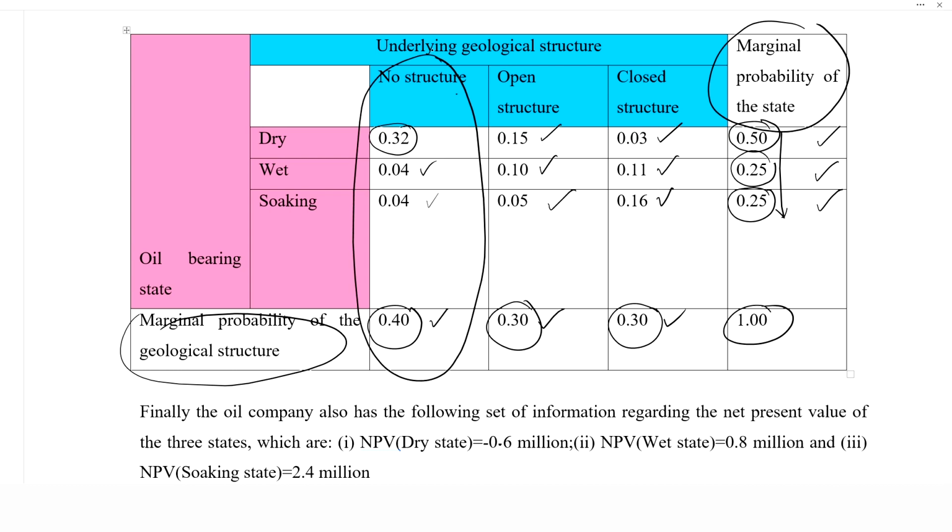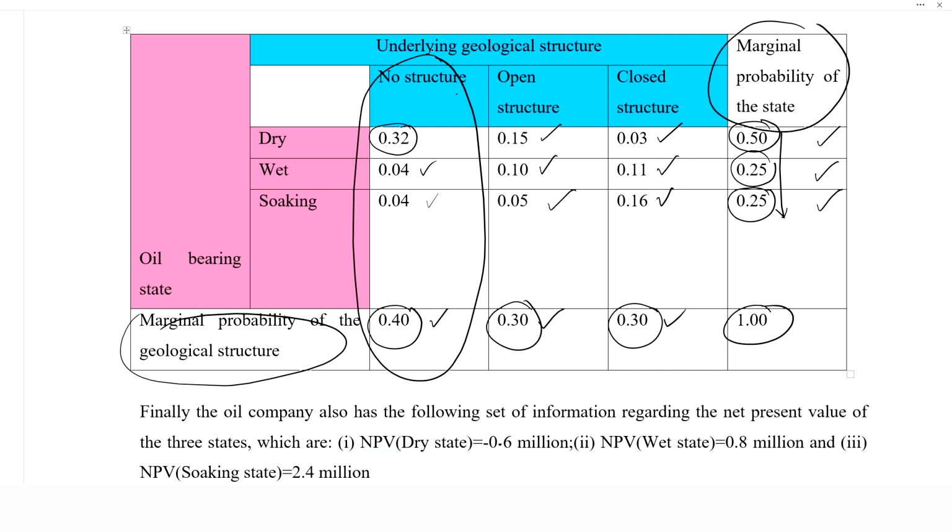For no structure, dry is 0.32, and hence the conditional probability would be 0.32 by 0.4. Similarly, for no structure wet, the conditional probability will be 0.04 by 0.4, and finally, for no structure with the soaking oil-bearing state, it is 0.04 by 0.4.